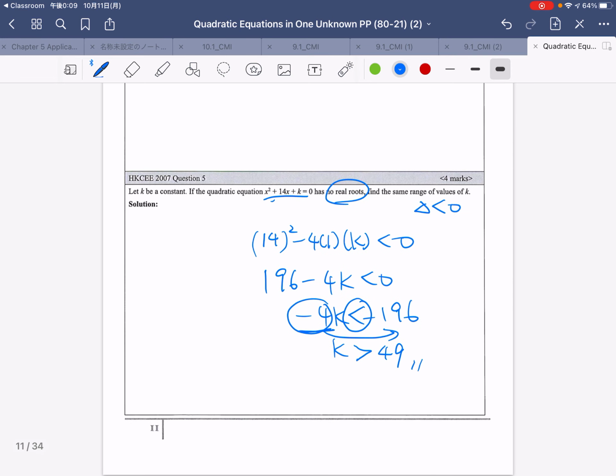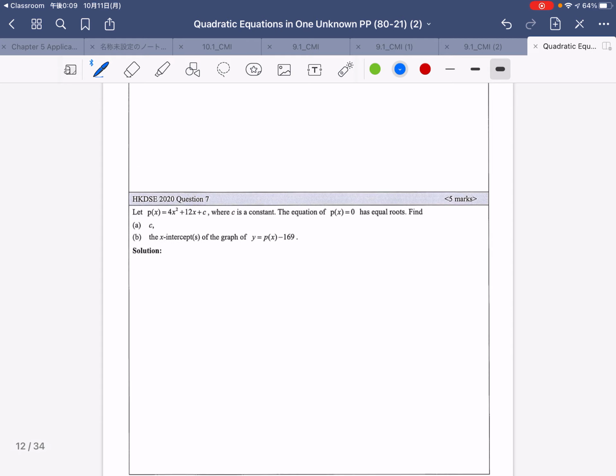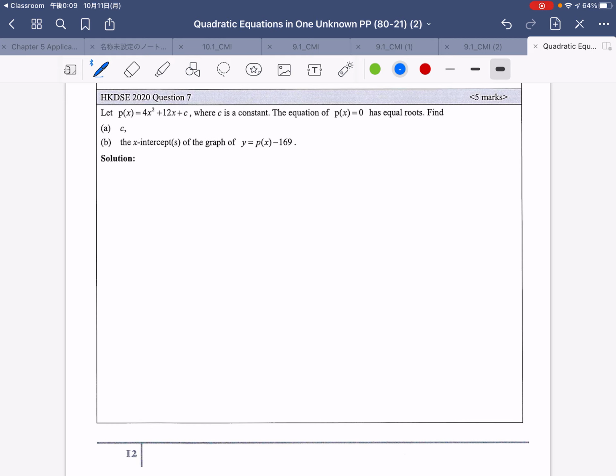For 2020, this is some new type of question which has not been asked in DSE before, so please pay attention. If you have this function, P(x) is the name for this polynomial, so you can replace P(x) with 4x squared plus 12x plus c equals 0.